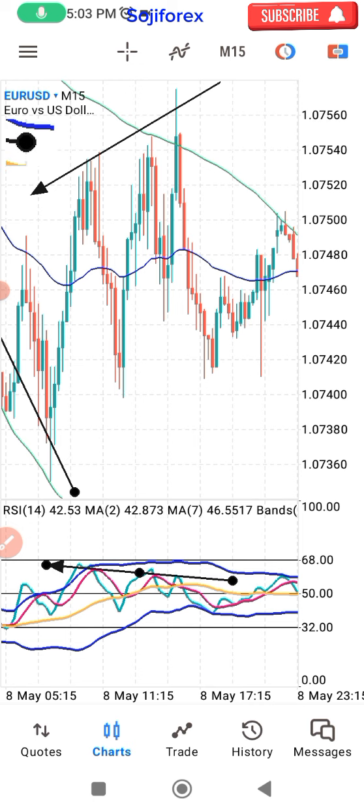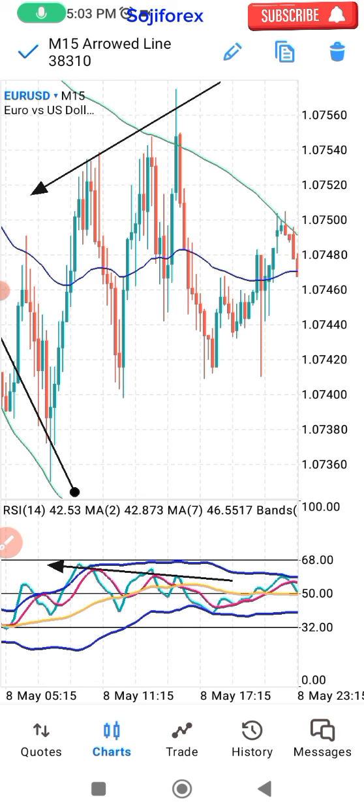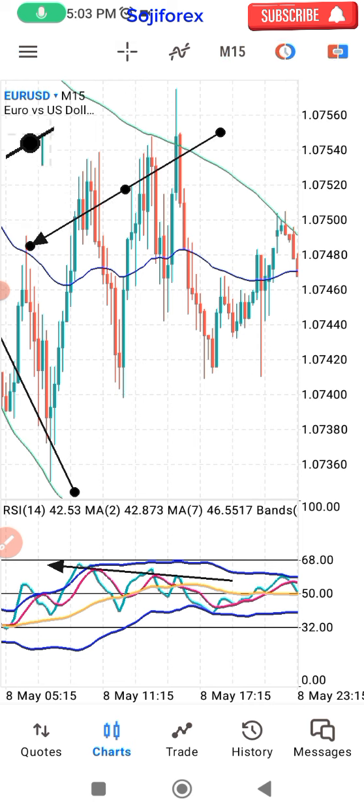Now for a continuation trade, if you get a double confirmation of a divergence, it is a plus. But even without divergence, the only confirmation you need is two confirmations. If you are not going with a divergence, it means price should pull back to either the 50 EMA, which should be able to resist price for a sell, or price will pull to the lower Bollinger Band.